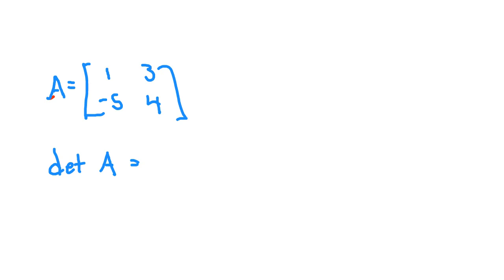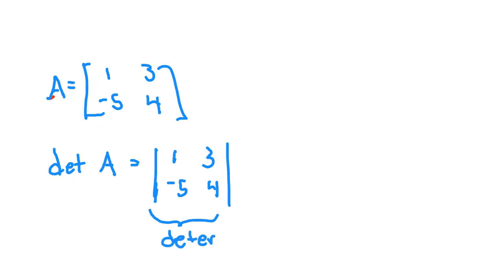But actually, symbolically, for the determinant of A, they use the absolute value signs, like this. But this means determinant. It doesn't mean you're taking the absolute value of a matrix. When you put those absolute value signs around the entries of a matrix, it means determinant.